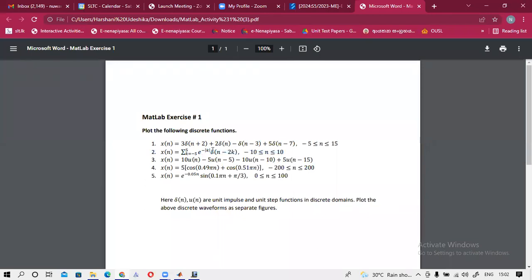First you can ignore this weight. There is an exponential function, so ignore that one and try to draw this. Take 5 minutes. I think we have time up to 15:45, so I hope we have enough time. Please try to draw the signal xn.